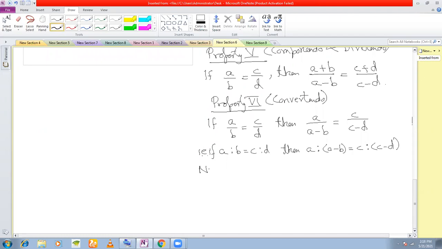Now see here that we are getting this from dividendo only, because if a by b is equal to c by d, then by dividendo we can write a minus b by b is equal to c minus d by d, isn't it?